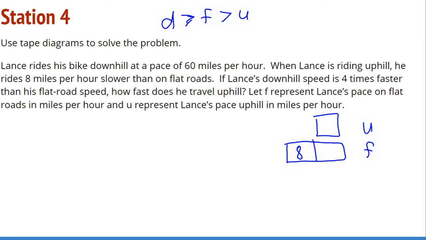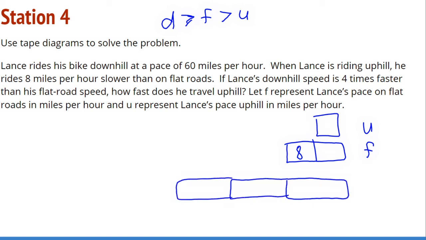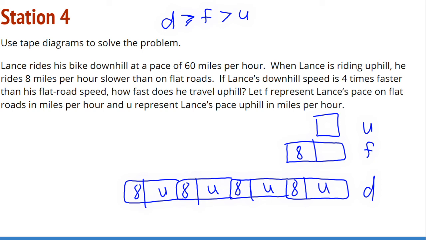So his downhill has got everything that the flat has, but we're going to multiply it times 4. So I've got all of these 8s here, and then I've got all of these uphill speeds. And that's going to be equal to his downhill speed.